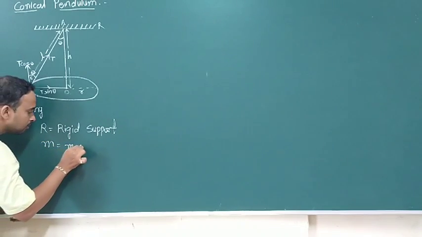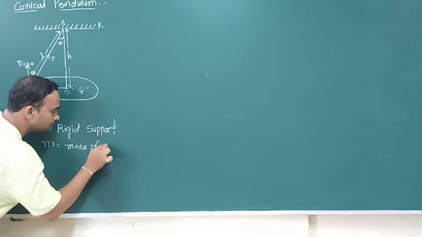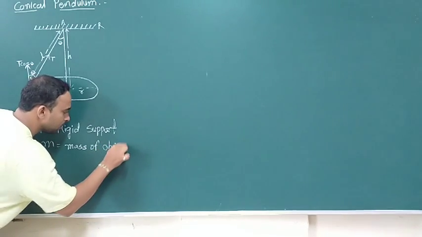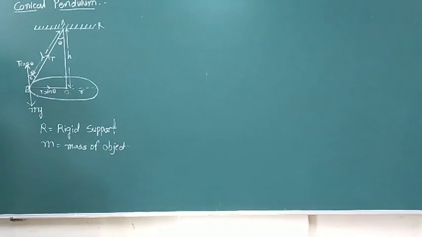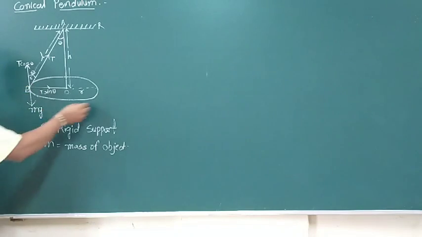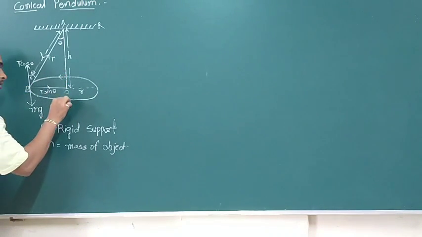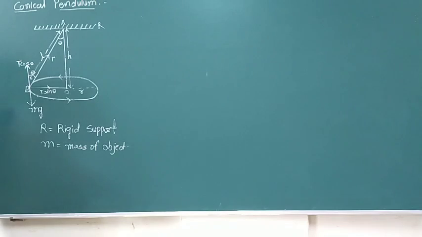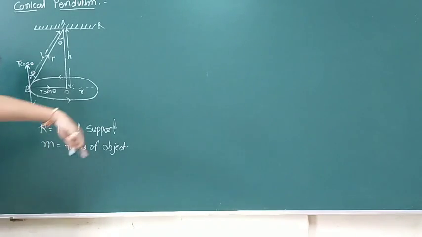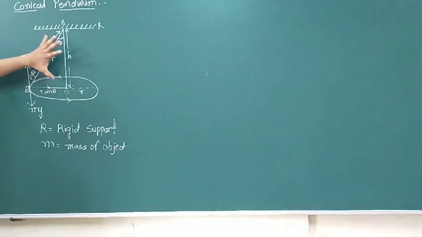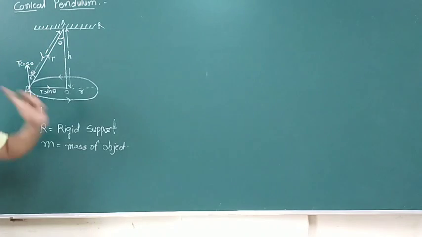Let m be the mass of the object. Now this object is moving in a horizontal circle. This pendulum is known as conical pendulum.